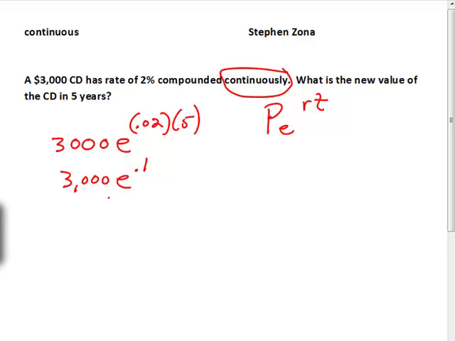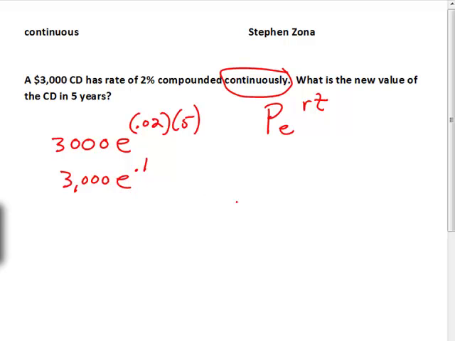So to get the E on your calculator, you're going to have to hit the inverse or the second, whatever it says on the top left of your calculator. A lot of times it's a different color, maybe a blue or red or a yellow, and then all your uppercase on your buttons are all that same color. So you do second, and then you'd hit the LN.